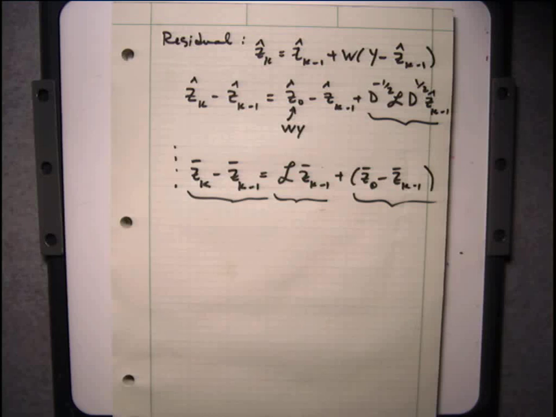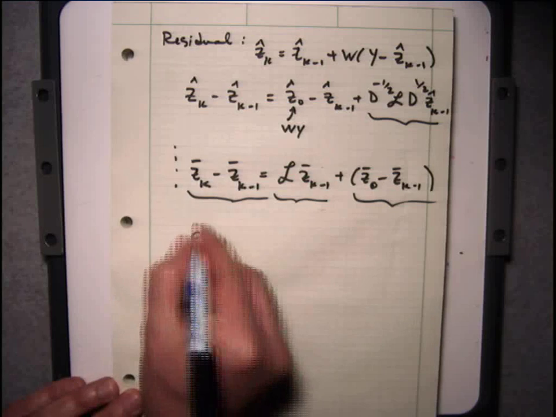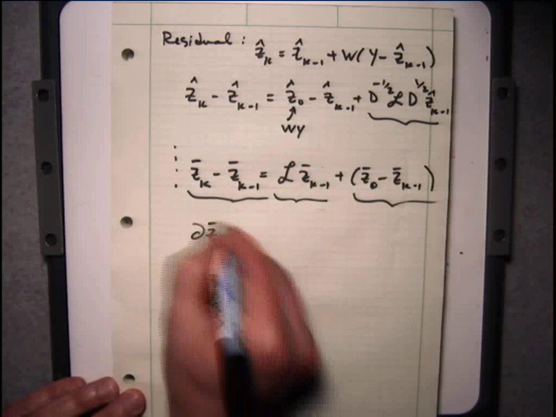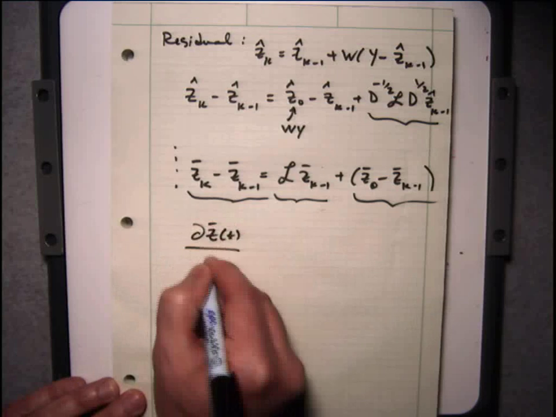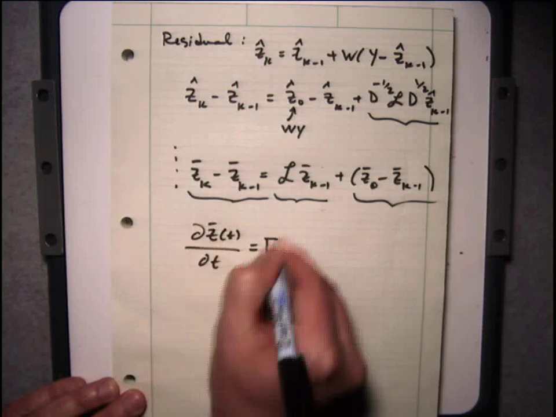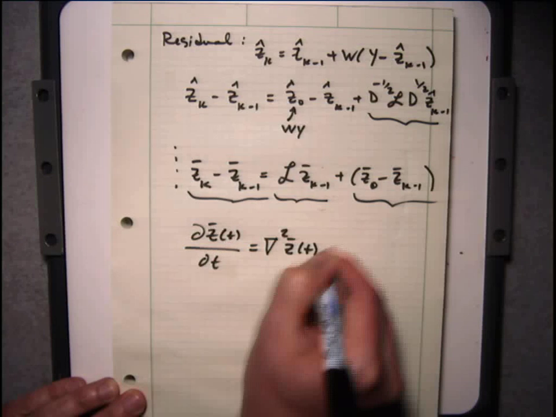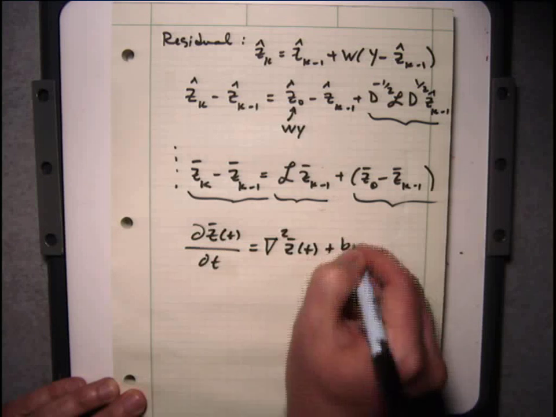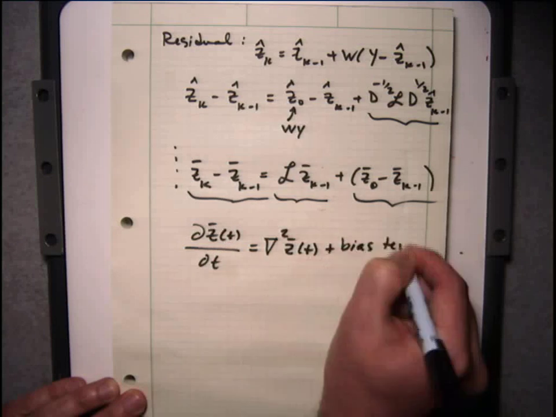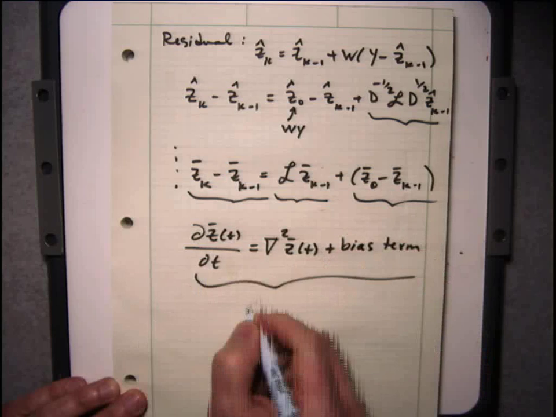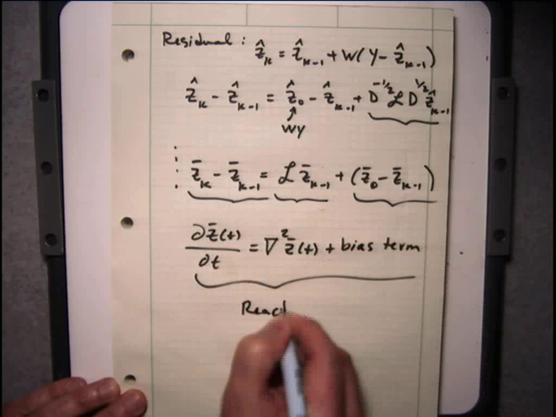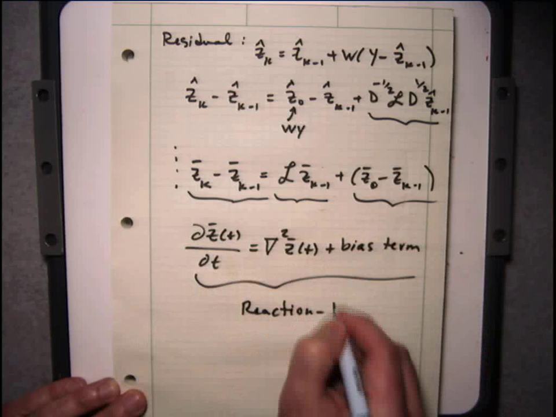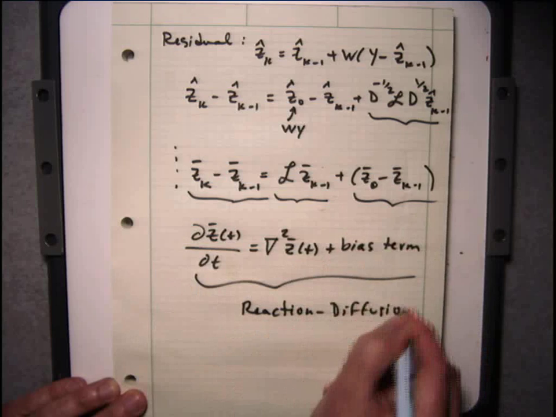So another way to write it, again in the continuous world, is dz bar of t dt equals the Laplacian z bar of t plus a bias term. And this here is called the reaction diffusion equation.